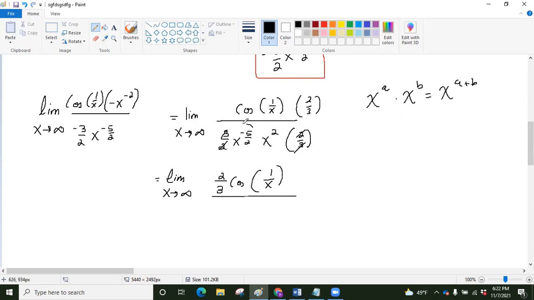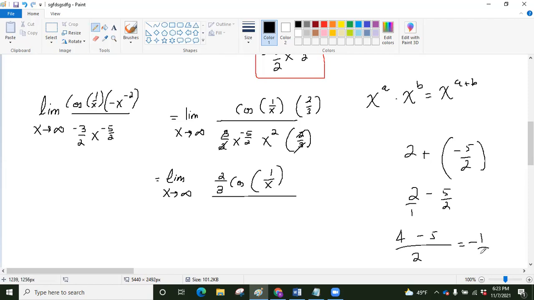So I'll go ahead and add these exponents. I'll do 2 minus 5 over 2. You could have also said 2 plus negative 5 over 2, but that would come out to 2 minus 5 over 2, which is 4 minus 5 over 2, cross multiplied. We have negative 1 over 2.